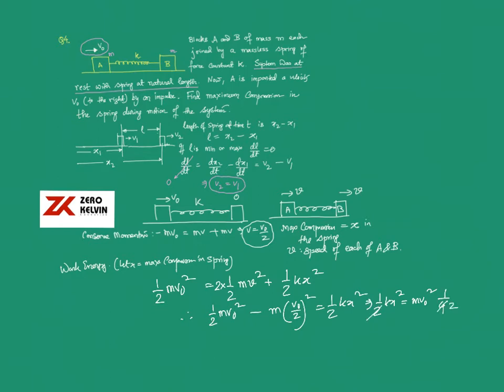So therefore x is equal to v0 root over of m by 2k. So this is the answer. This is the maximum compression in the spring.